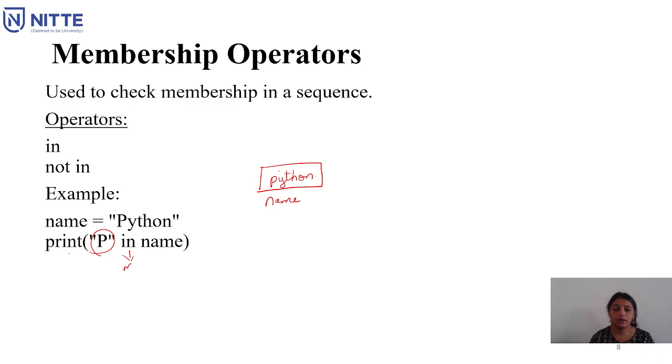So in becomes the membership operator and name is the variable. It has to check if P is present in Python. Remember case sensitivity. If you give a small letter p and check for the capital P, it is going to give you a false result. So make sure in both names you follow the case sensitivity. The output here is true.